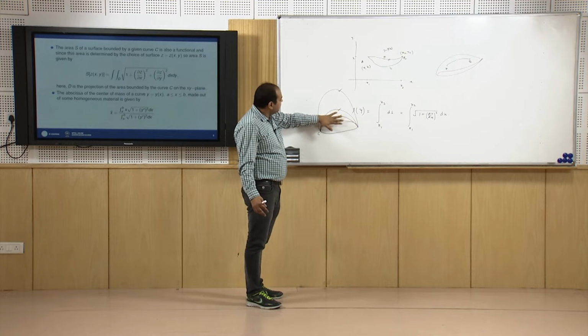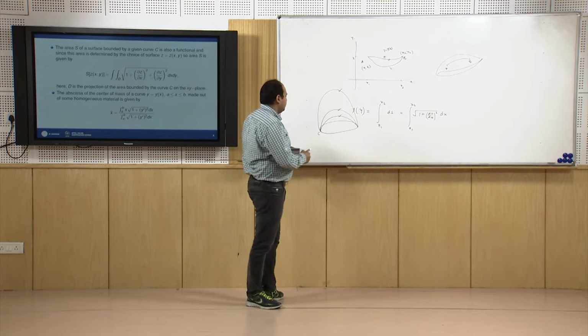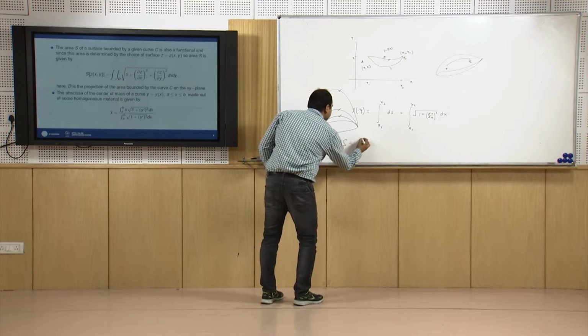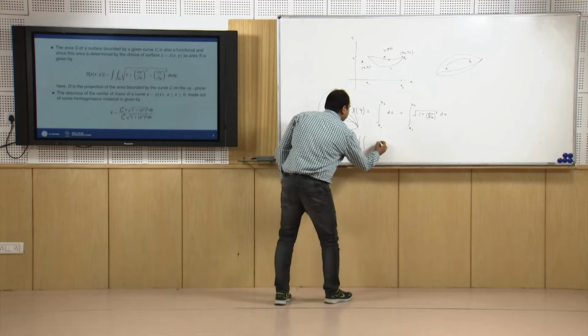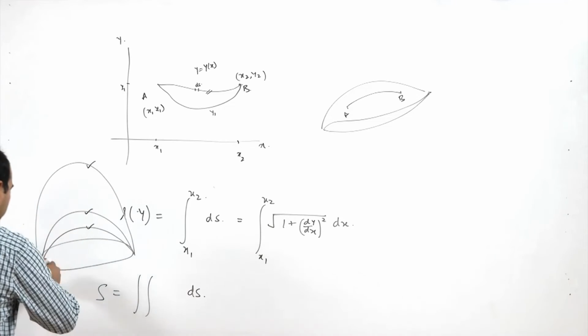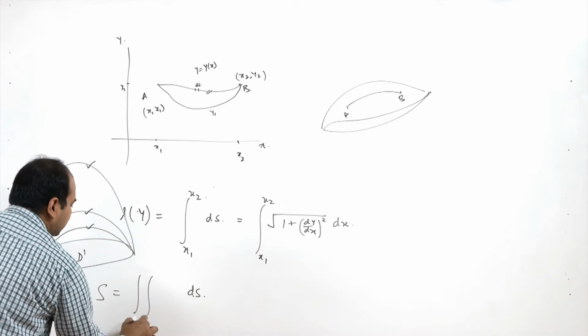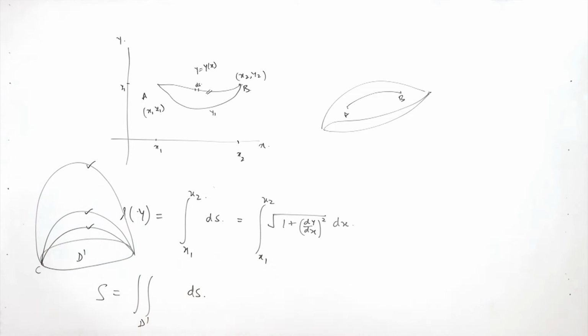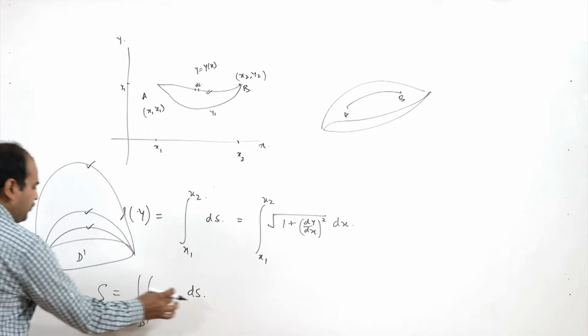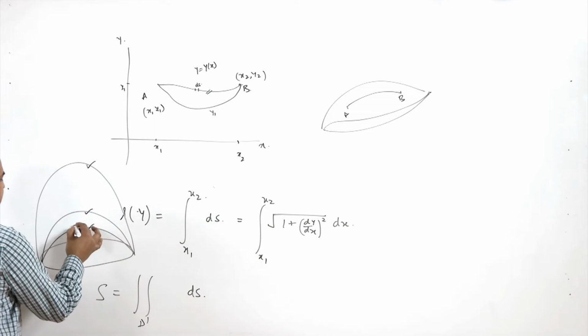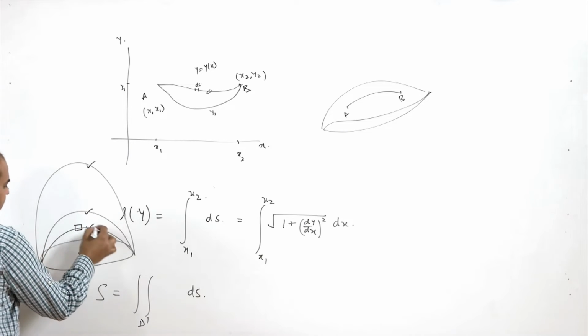So we can find the surface area S over this region, call it D dash, based on d of S, where d of S is the surface patch on this surface.